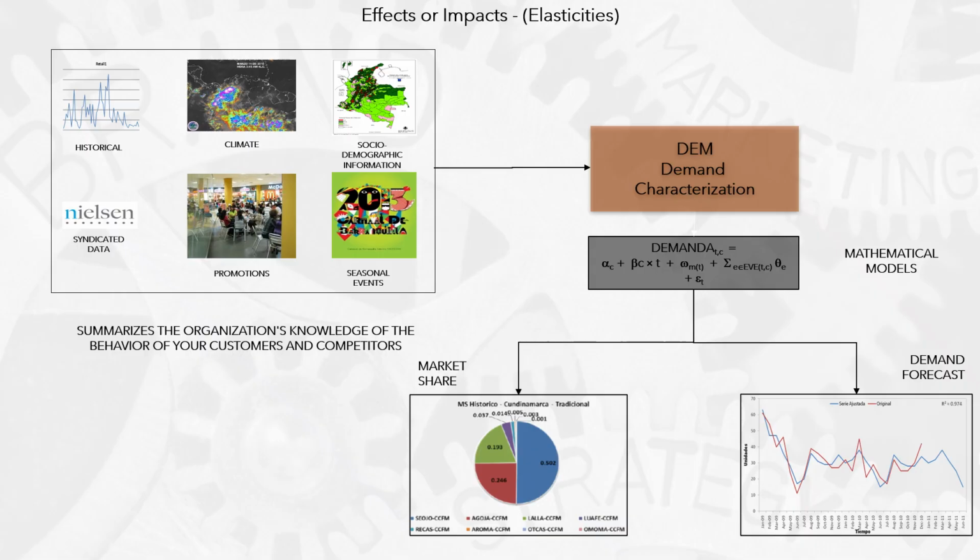As an example, the image presents information from the following types of databases: historical sales information, hydroclimatic databases, socio-demographic information, Nielsen, syndicated database, history of promotions, own and competitors, and seasonal events.